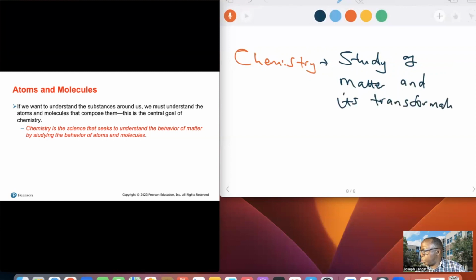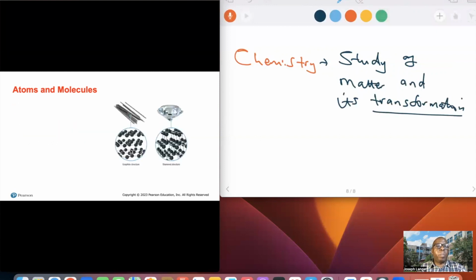You can loosely define chemistry as the study of matter and its transformation. Transformation, melting, those are the transformations we will see later on, transformation of matter. Or you can simply define chemistry as the science that seeks to understand the behavior of matter by studying the behavior of atoms and molecules.